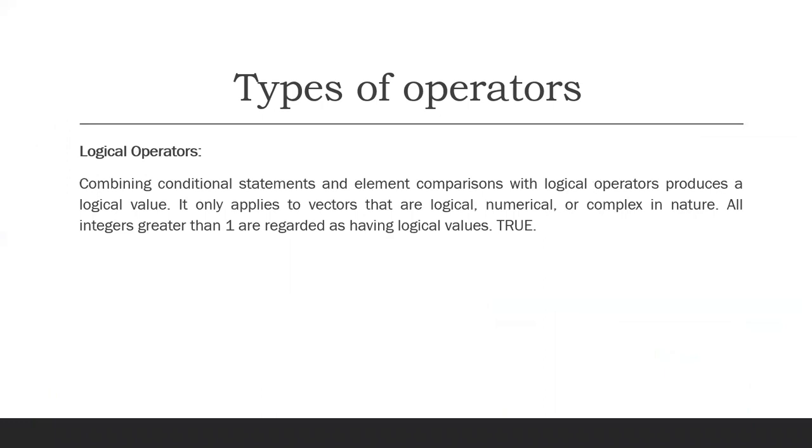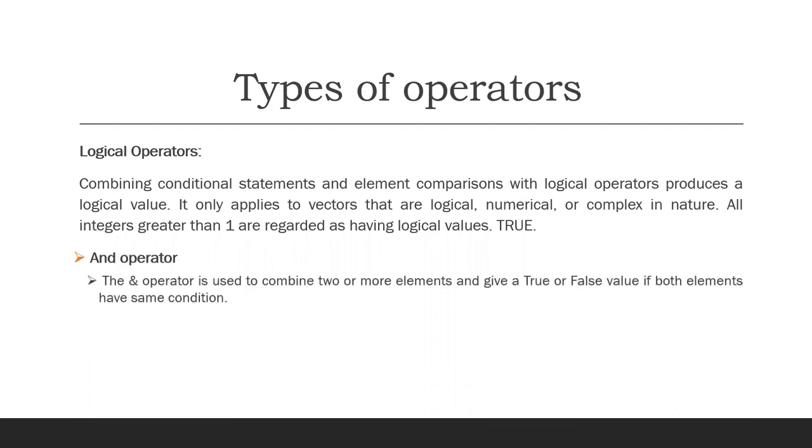Next, we have logical operators. So combining conditional statements and element comparisons with logical operators produces a logical value. It only applies to vectors that are logical, numerical, or complex in nature. All integers greater than 1 are regarded as having logical values true. First, we have AND operator. The AND operator is used to combine two or more elements and give a true or false value if both elements have the same condition.